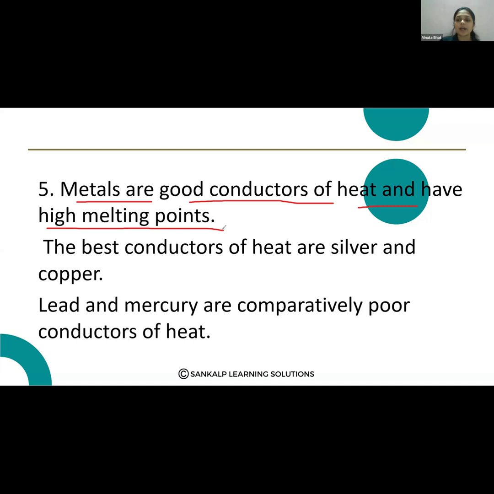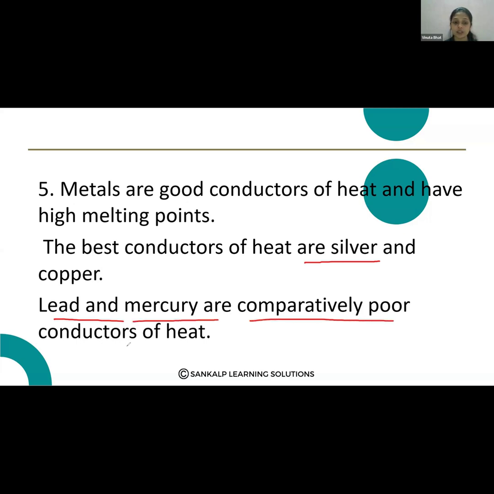Okay, and very important: the best conductors of heat are silver and copper. Here you can see, the best conductors of heat are silver and copper. Very, very important for your MCQ. Lead and mercury are comparatively poor conductors of heat.